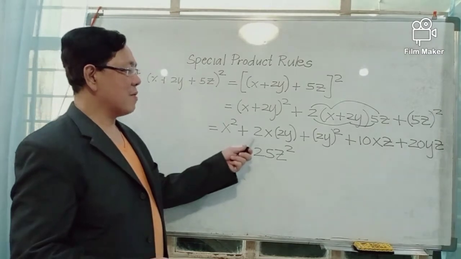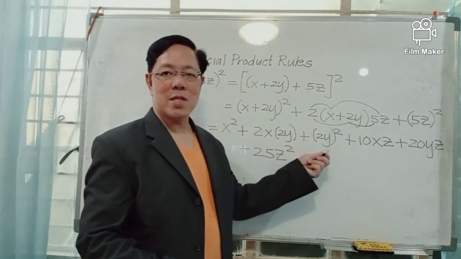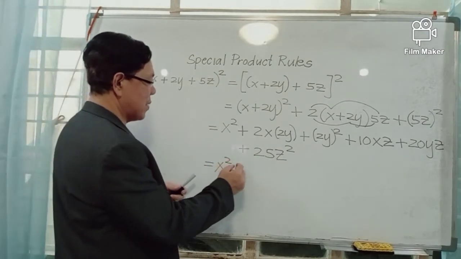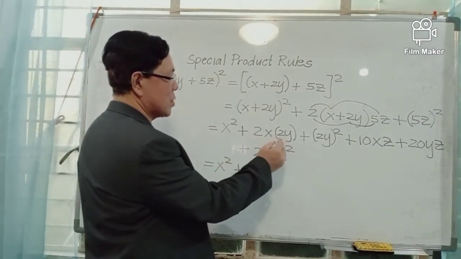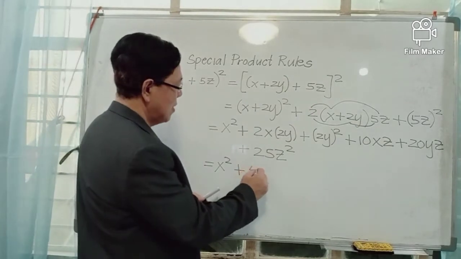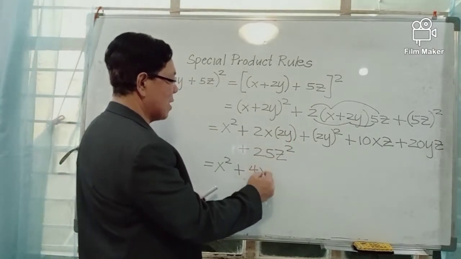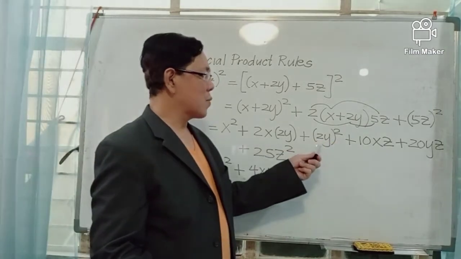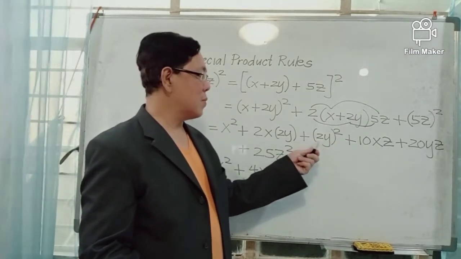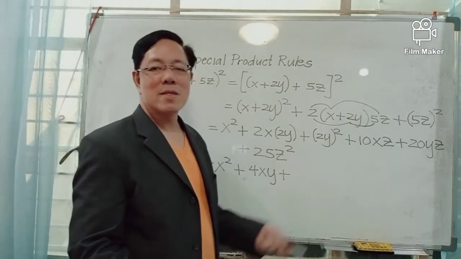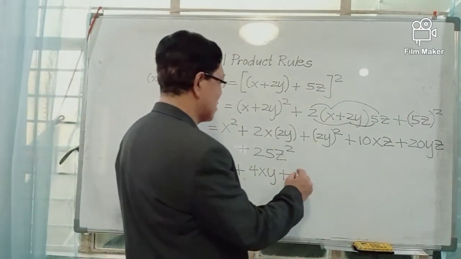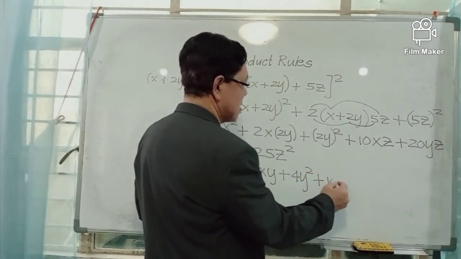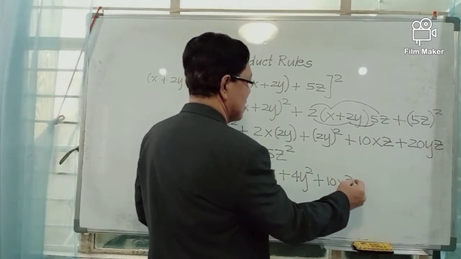And we simplify further the second term and the third term. The first term is x squared, plus 2 by 2 is 4, multiplied by x multiplied by y, plus the square of 2y equals the square of 2 multiplied by the square of y. We get 4y squared, plus 10xz.